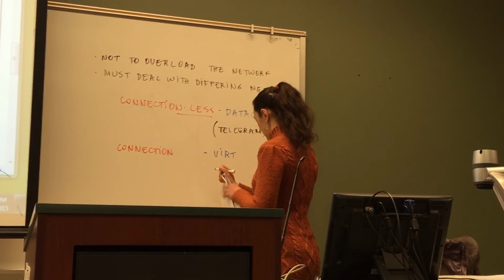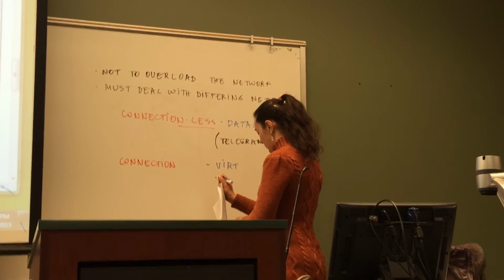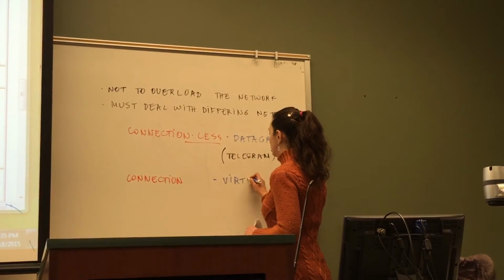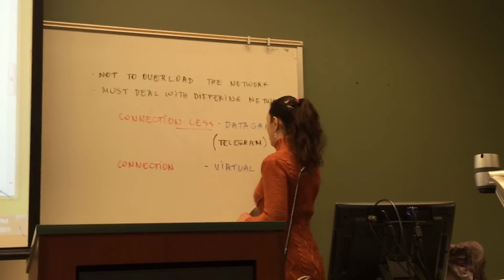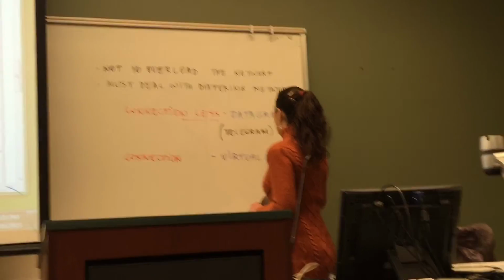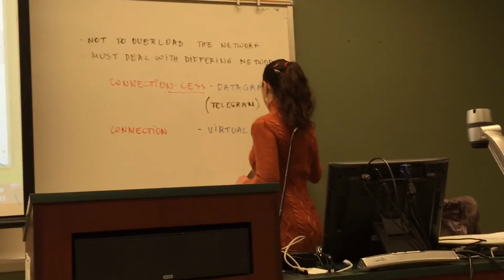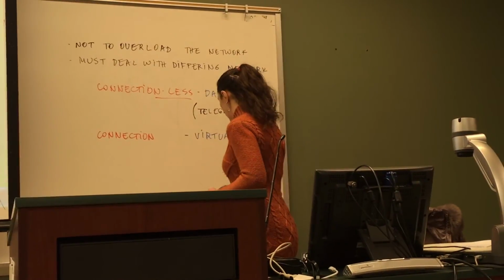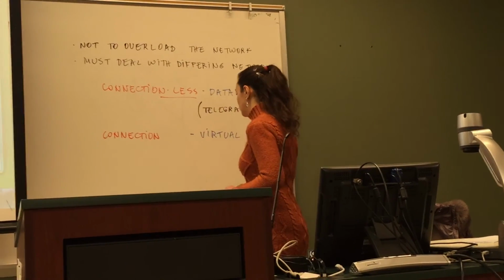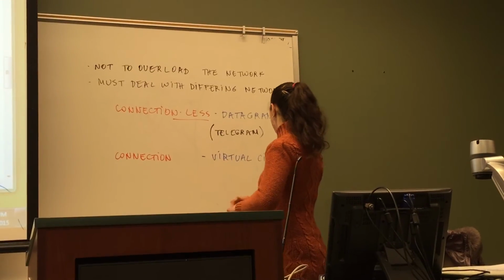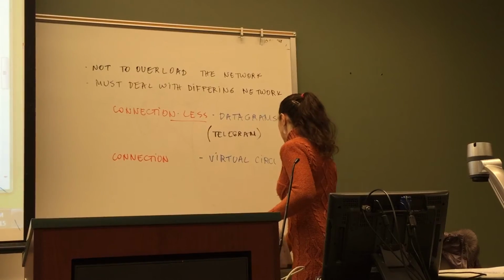So the first, the connectionless, was analogical to the post office delivery truck. The second one, which has a connection, is analogical to what the telephone system is doing. It creates a circuit, virtual circuit.